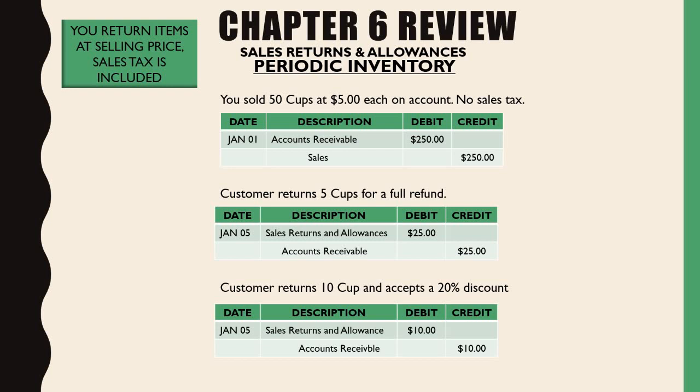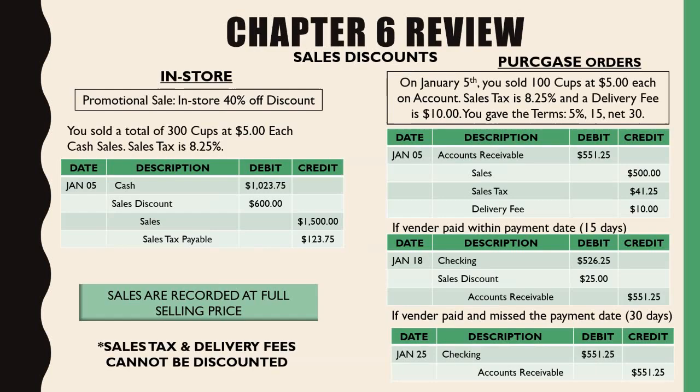Here is an example of an actual return where we're giving them a full refund. And then we also looked at what if they attempted to return, but we gave them a discount on top of that, so giving them an allowance. We're not giving them a full refund, we're only giving them a portion of the money.